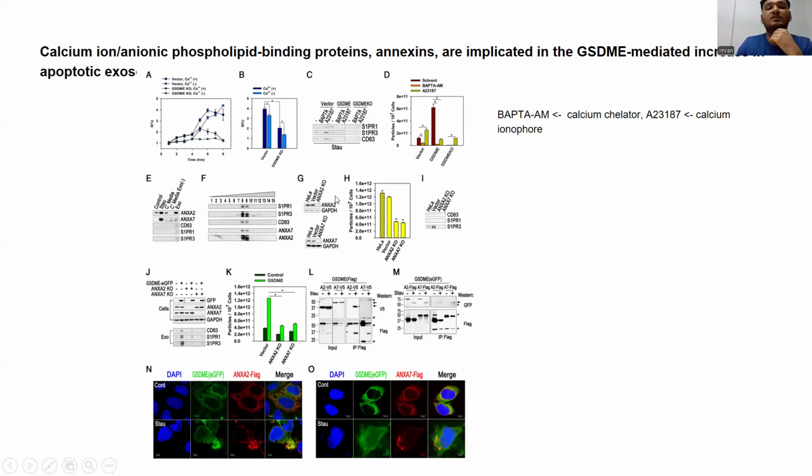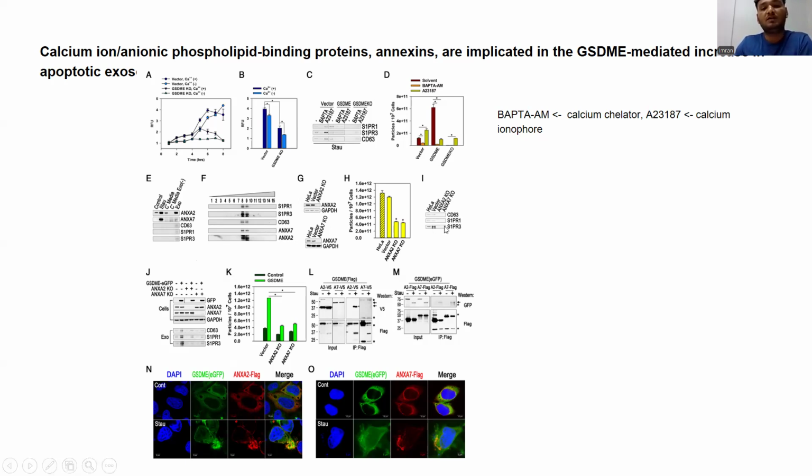When annexin A2 and annexin A7 were knocked down in the cell, the amount of exosomes was greatly reduced as compared to the control, confirmed by both NTA and Western blot here. And when Gasdermin E was overexpressed in the annexin A2 and A7 knockout cells, the amount of exosomes increased, but not as much as with the wild type Gasdermin E.